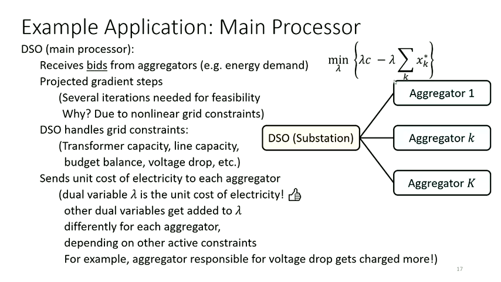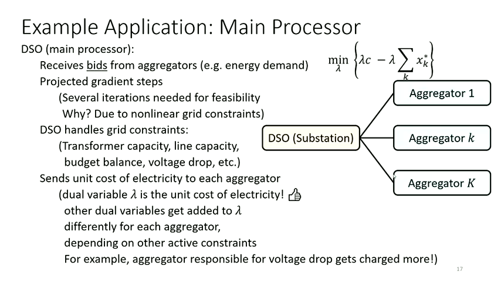These are like overheads due to all these constraints. The unit price of energy will actually have to address all these losses and voltage drops and so on. So lambda is not just a simple thing.